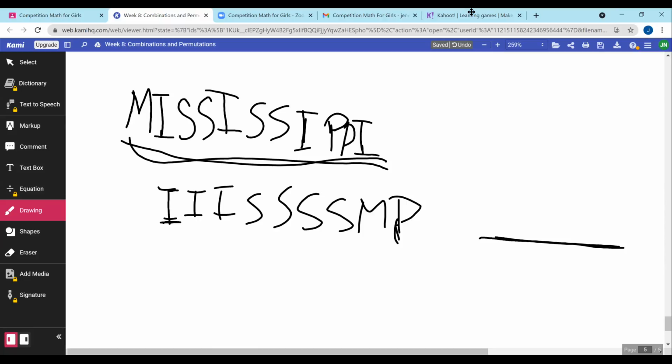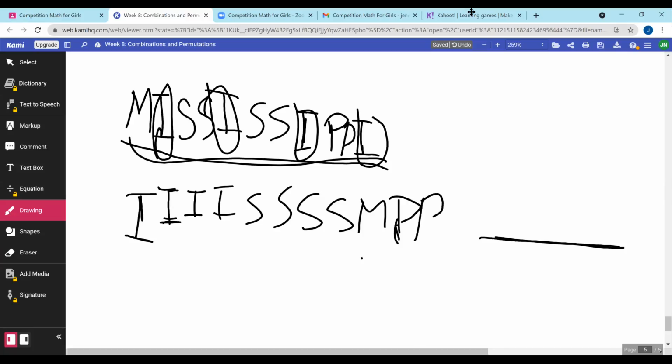No. Like you forgot an I. Like on the bottom, you wrote I, S, M, P. It's supposed to be 4 I's, not 3. Right here, 4 I's in Mississippi. Yeah, but then you added a P. Yeah, I think there should be 2 P's. My bad.